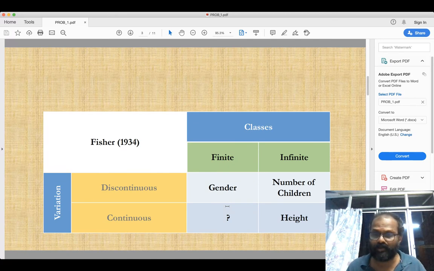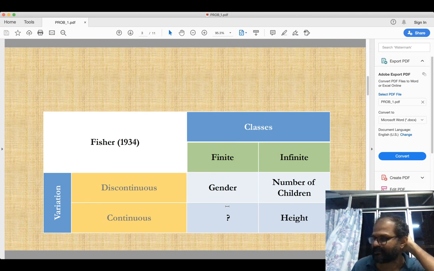Now another important combination is discontinuous and infinite. A good example is number of children. So we don't express number of children in decimals, right? That's what makes this example discontinuous in terms of variation. Whereas in the case of classes, there can be numerous children, right?